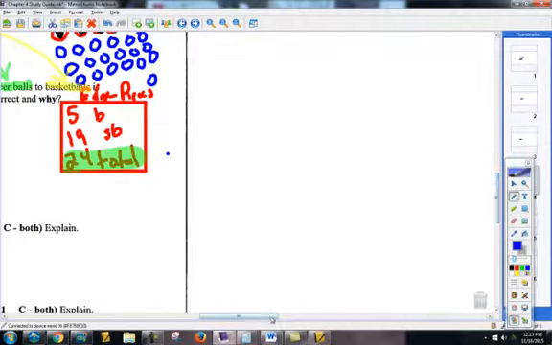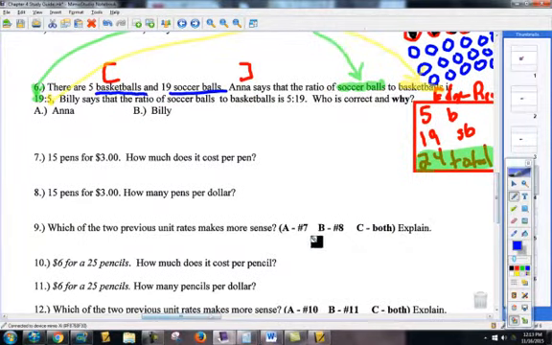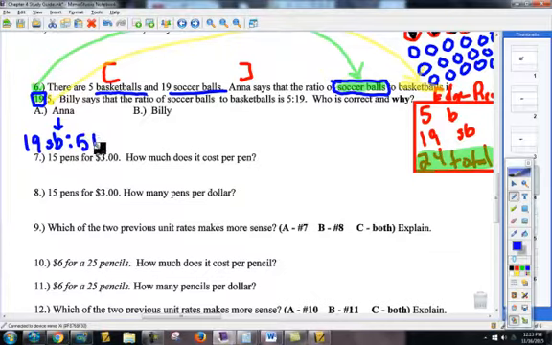Okay, so going back down here, let's describe what Anna is saying. We can see that she listed soccer balls first, and 19 was first. So isn't she saying 19 soccer balls? And then she's saying 5 basketballs. Okay, now let's figure out what Billy's talking about. We'll do his in the same color situation.